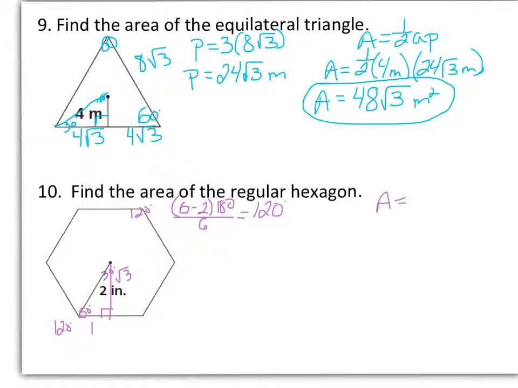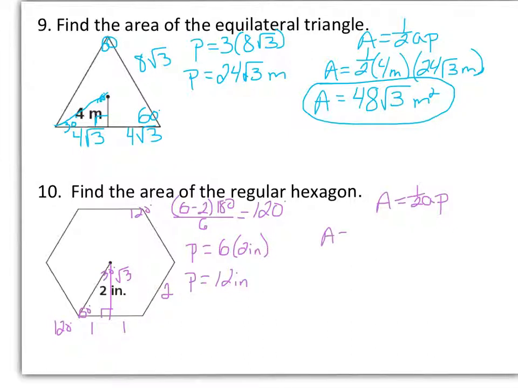So area equals 1/2 times apothem times perimeter. The whole length of a side of the hexagon is 2. So first, the perimeter will be 6 times 2 inches. So my perimeter is 12 inches.